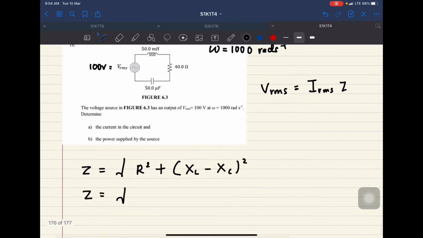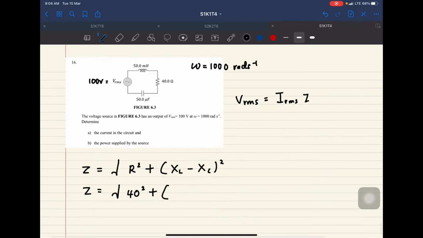So it will be Z equals square root of 40 ohm squared plus XL minus XC squared. Okay, you have to find the XL and XC first because they give you L and C over there.